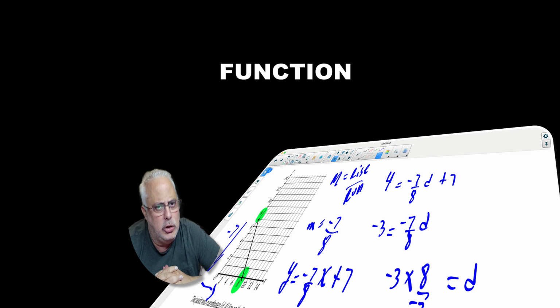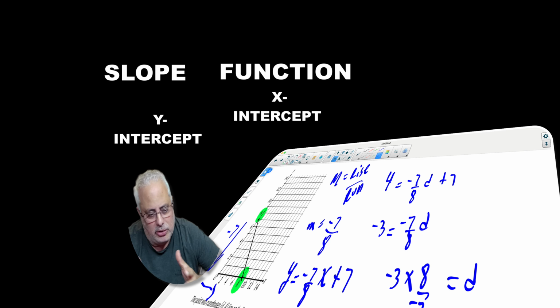Identify your best player for every question, and the best player for every question here is the equation of the line, the function f, and you don't have it, so you have to create your best player, and of course the rest of the players that will be helping the main player in order to win the game.